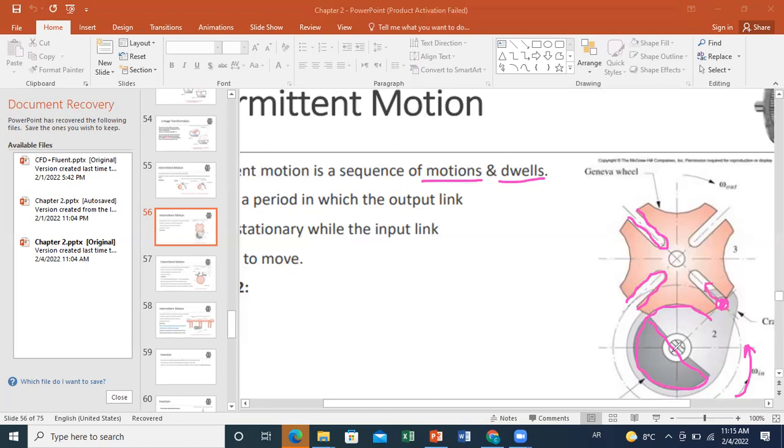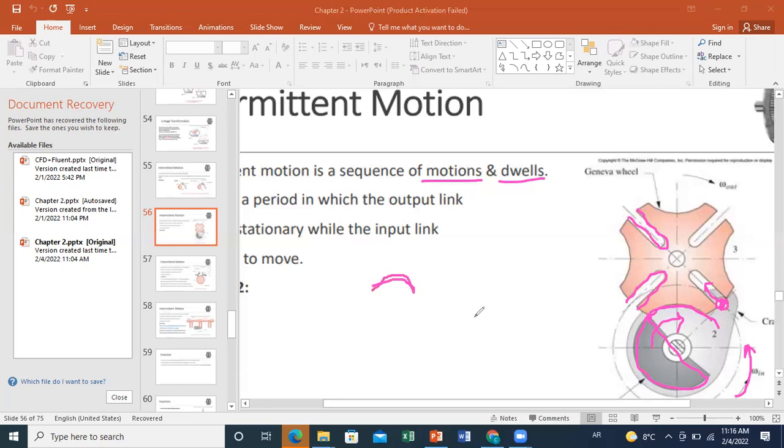So let's say, for example, the crank is rotating. When the point of the circle reaches this level, now you will have contact between the arc of the circle and the Geneva wheel. And whenever you have contact between the arc of the circle and the Geneva wheel, if you do an analysis, the contact is of circular type.